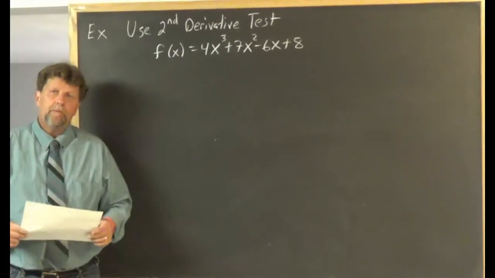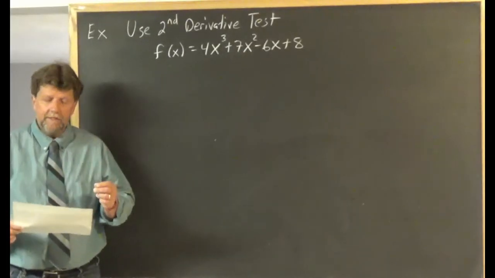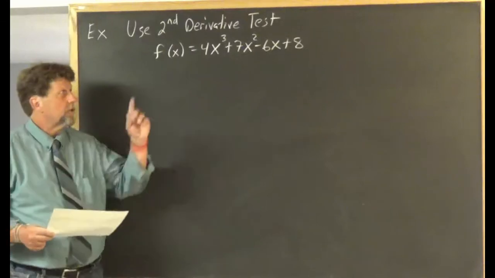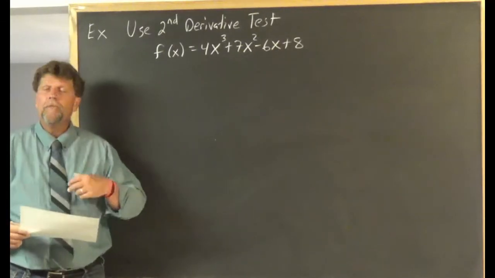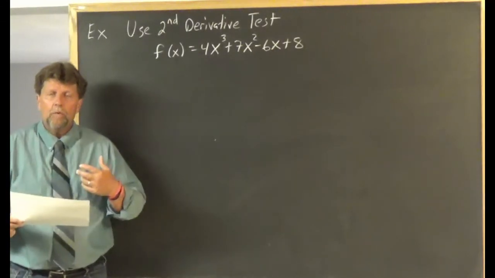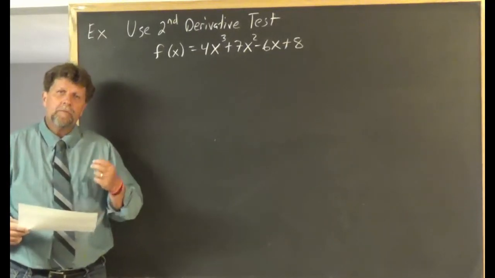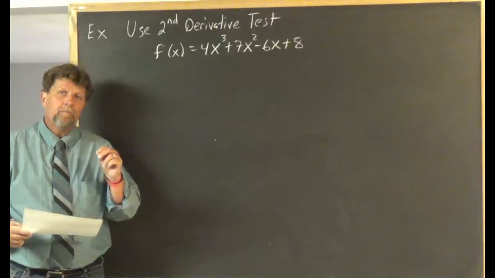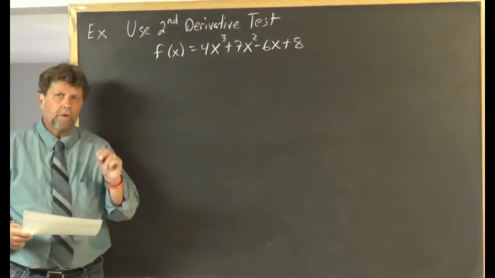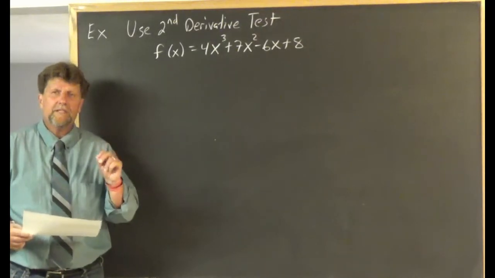All right, folks, in this example, we're asked to use the second derivative test to locate the relative extrema for this function. We're just trying to get down the mechanics of what the second derivative test says. So first things first, we need to find critical numbers, or critical values, where the derivative is 0.